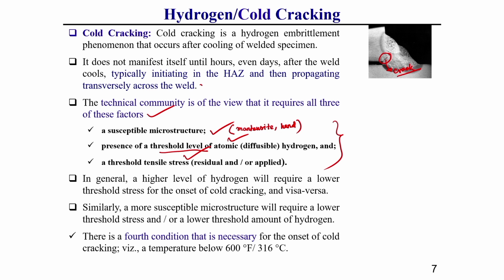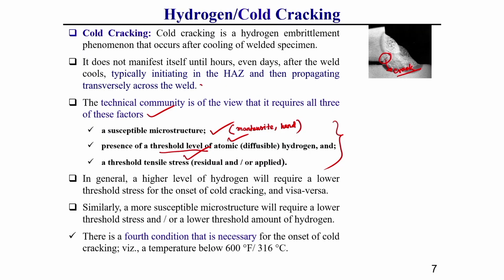As I have already told you, it takes place after cooling of the weld specimen, and even after cooling it can take around an hour or a day. So, these three factors are required to get hydrogen embrittlement or cold cracking. What actually happens in case of cold cracking, I will also discuss in detail.